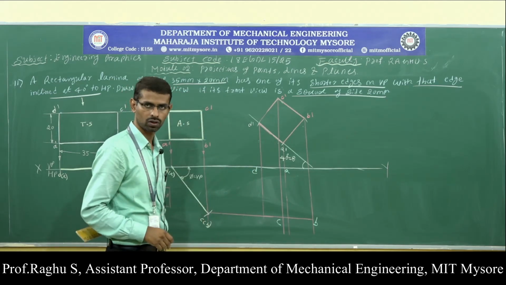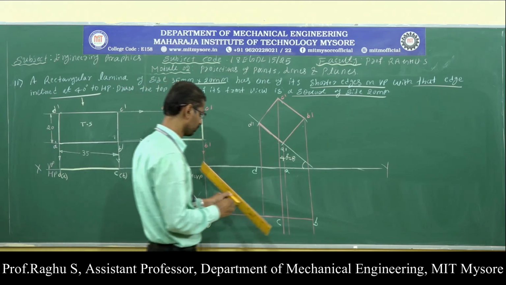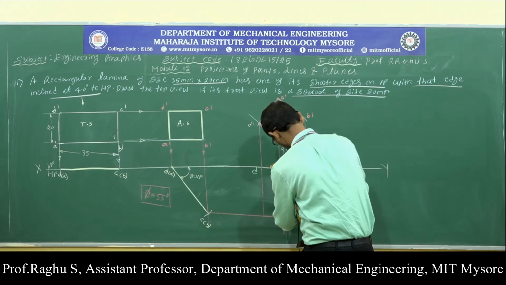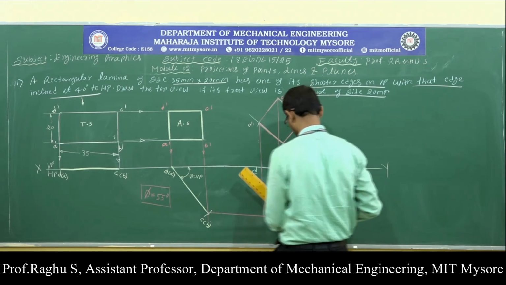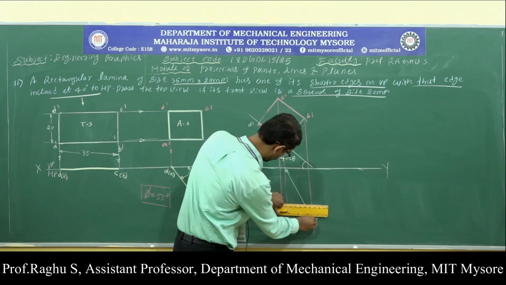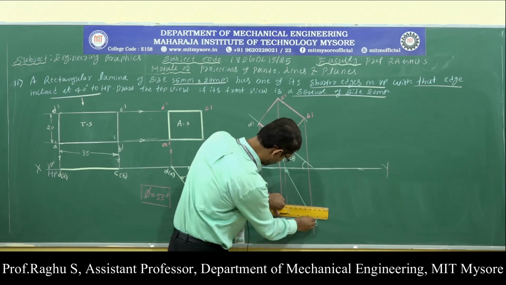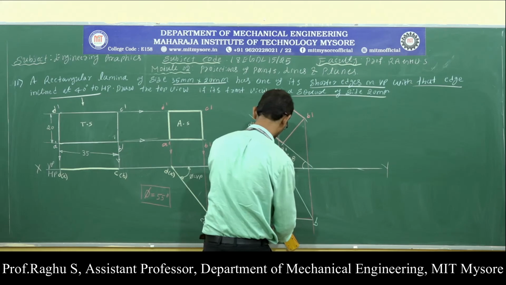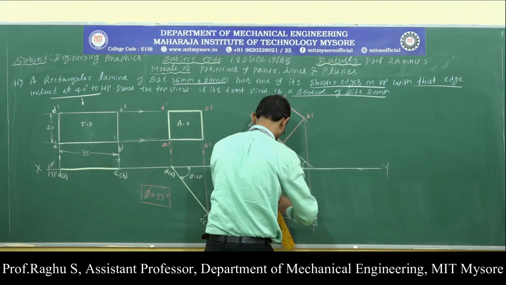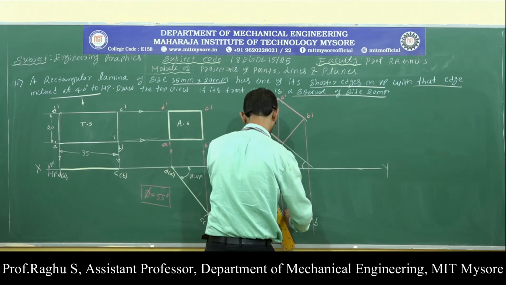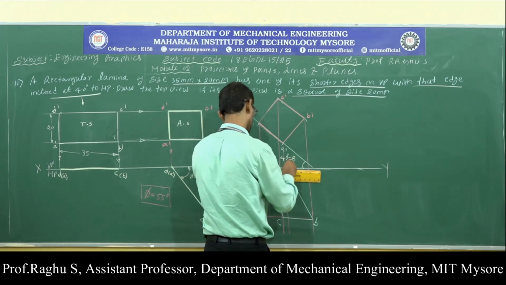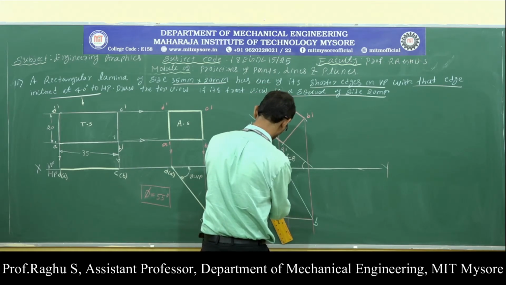Now connect all the four corners to get the final position top view. A to B, B to C, C to D. Using dark lines, connect all the four corners to get the final top view.